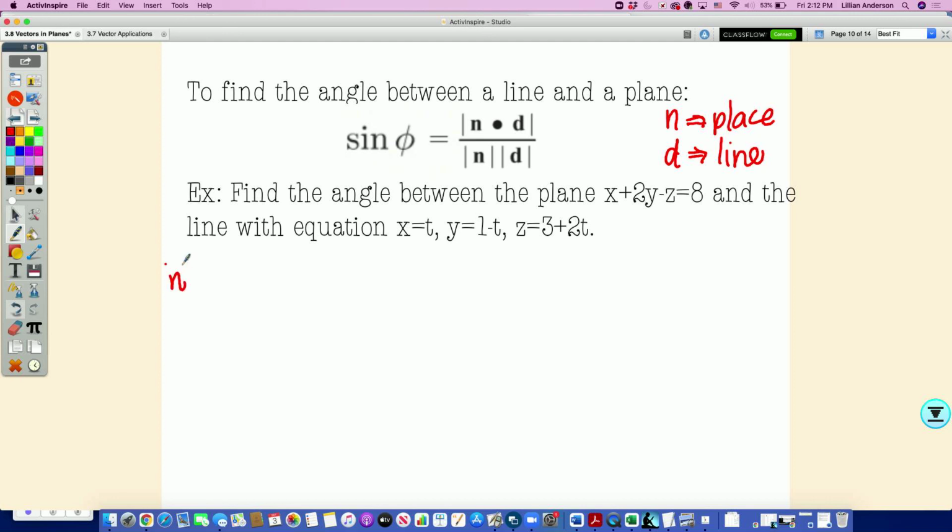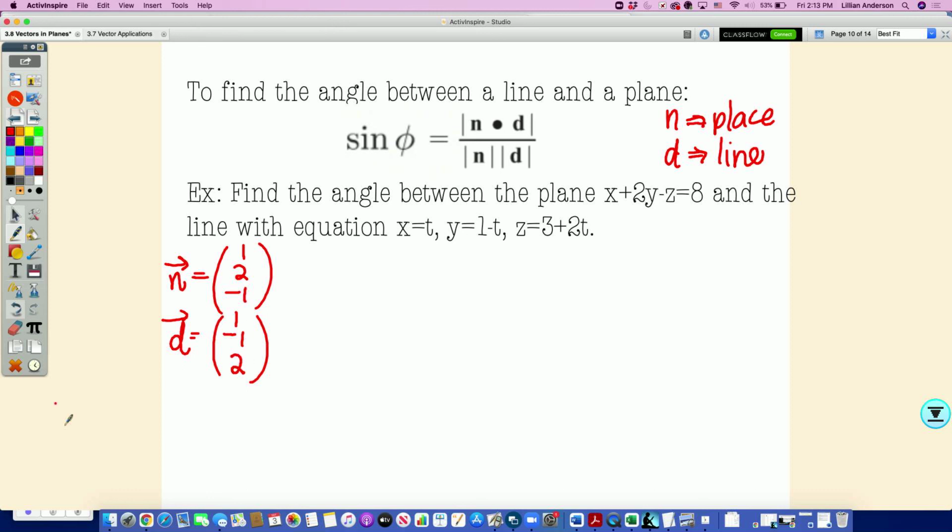So what's N? 1, 2, -1. And what's D? 1, -1, 2.